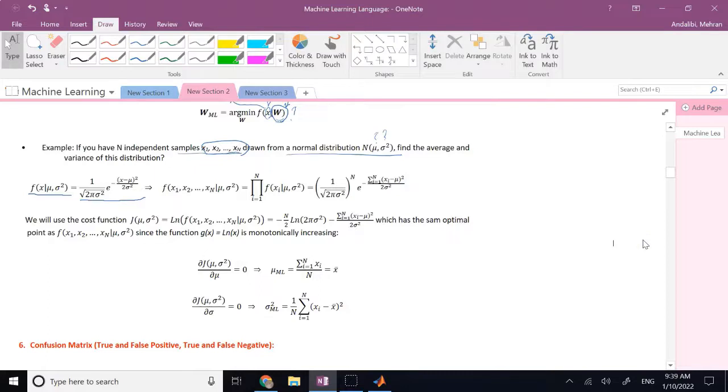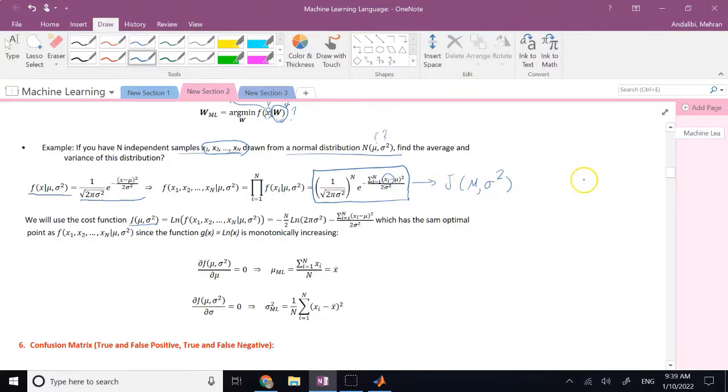Let's just focus on mu alone. So if I call this, whatever you want to call it, J maybe, right? That's what we called it. For the rest of the notes, I call it J of mu and sigma squared. This J is a function of mu and sigma squared, given all the x's, right?